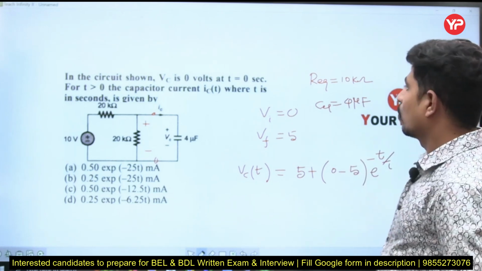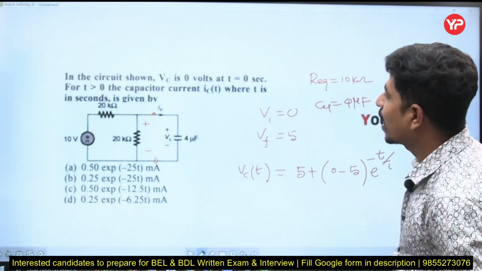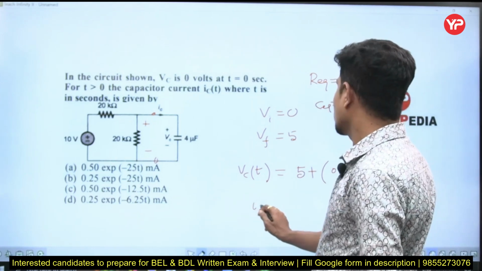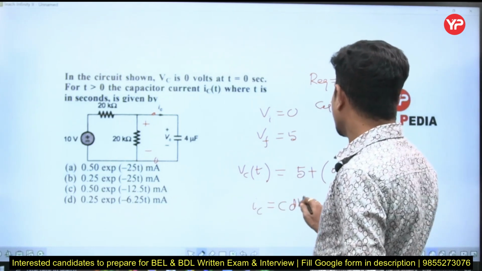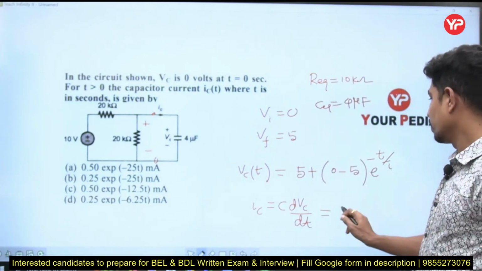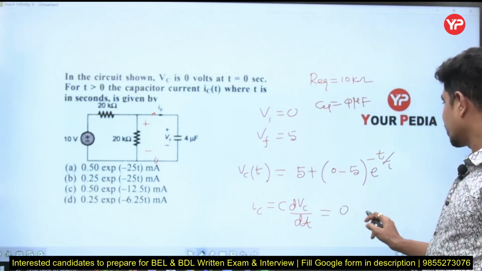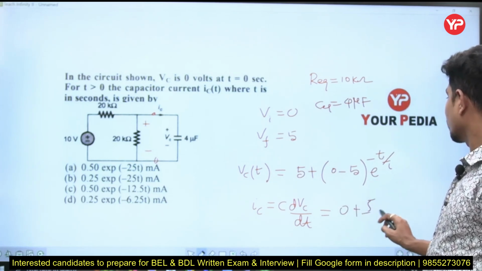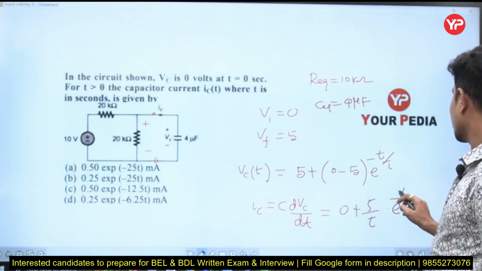So we got Vc, but he is asking for the current through the capacitor. IC is equal to C into dVc by dt. So this will be 0 minus, and the derivative means plus 5 by tau, into e power minus t by tau.